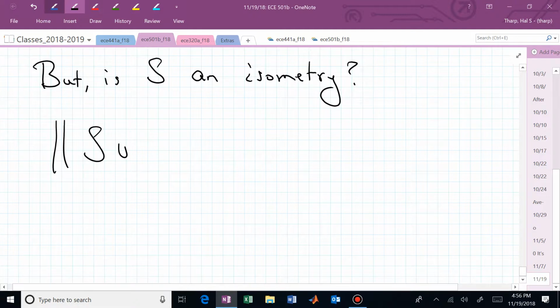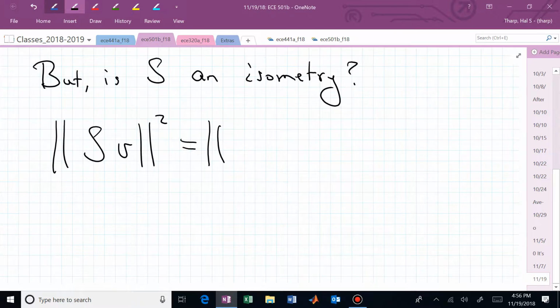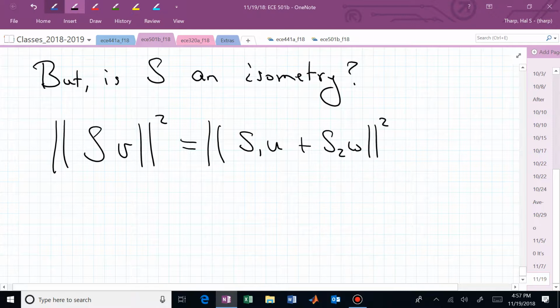So now let's look at the norm of SV squared. Well, we just defined S to be an orthogonal decomposition of S1U and S2W. So that needs to equal the norm squared of S1U plus S2W, squared.